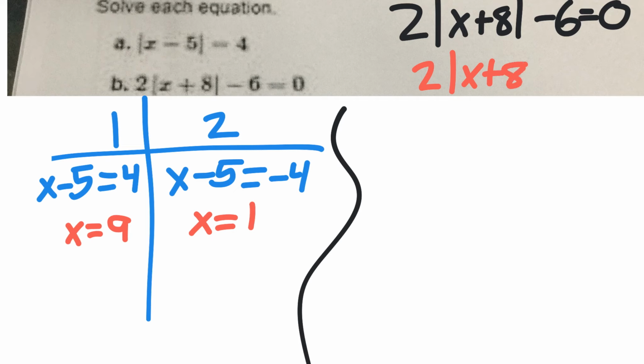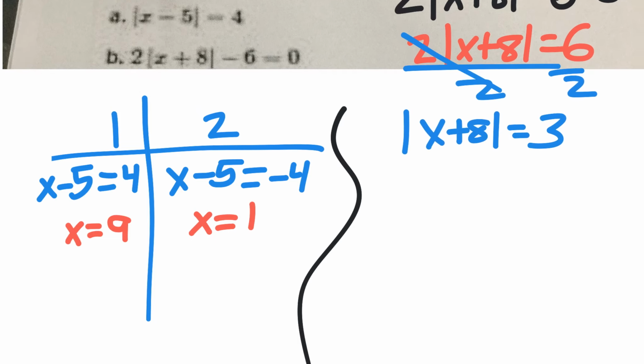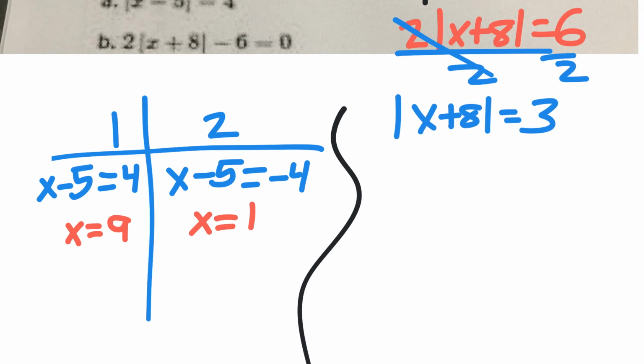So I've got 2 absolute value of x plus 8 equals positive 6. And now the absolute value is being multiplied by 2 on the outside of it. So we're going to divide everything by 2. So that tells me the absolute value of x plus 8 is equal to 3. Now I have my absolute value bars isolated, so I can set up my cases.